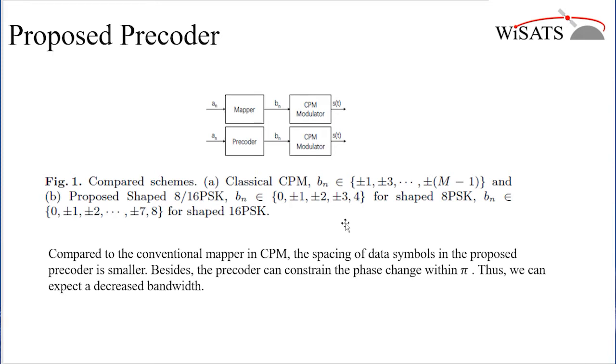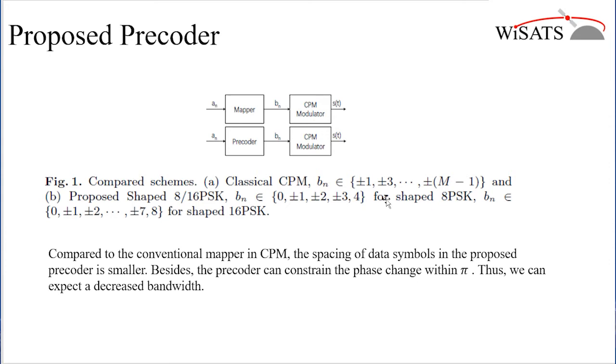Compared to the conventional mapper in continuous phase modulation, the spacing of data symbols in the proposed precoder is much smaller, as you can see. Besides, the precoder can constrain the phase change within pi. Thus, we can expect a decreased bandwidth, because we all know the larger the phase variation, the more it may cause an increased bandwidth.